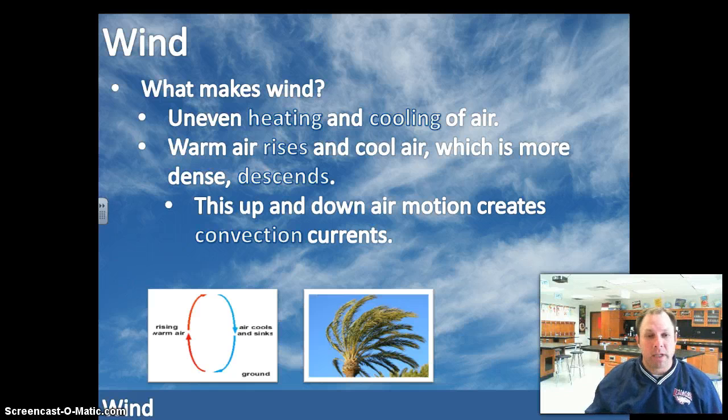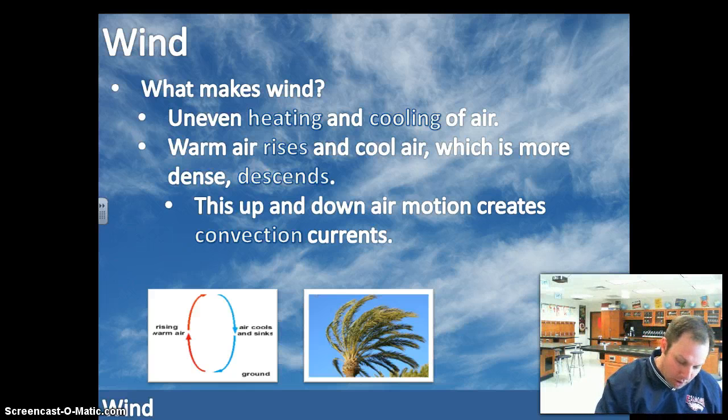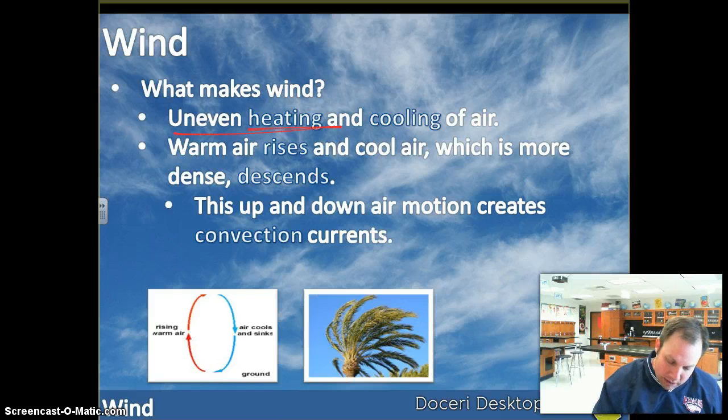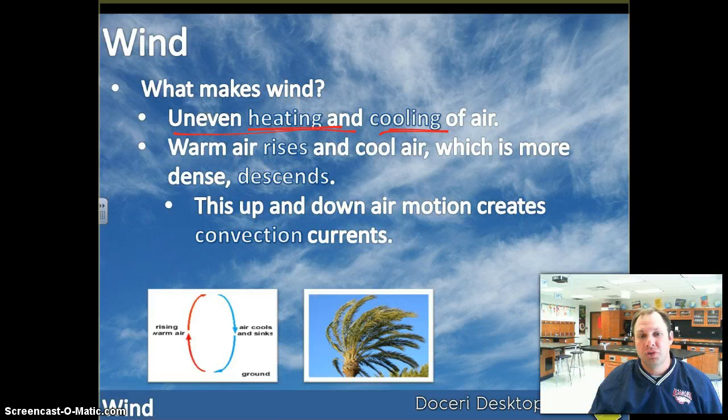Okay, and then lastly, wind. Let's talk briefly about wind, because wind is a big portion of our air that we breathe. And wind is simply caused by the uneven heating and cooling of the earth, which then in turn heats and cools the air. And we know that hot air rises and cool air descends.